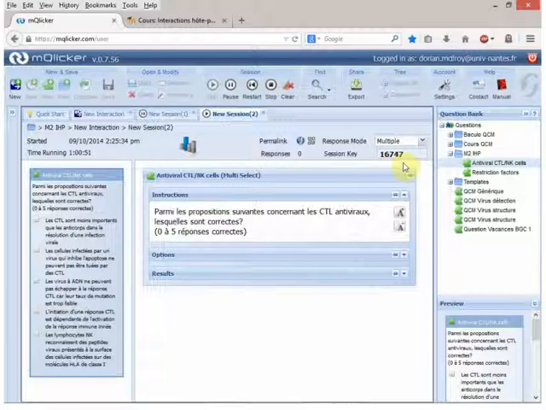Okay, everybody got this key? 16747? So you should get some questions about CTL. Oh, it's good, this thing gives me a break.